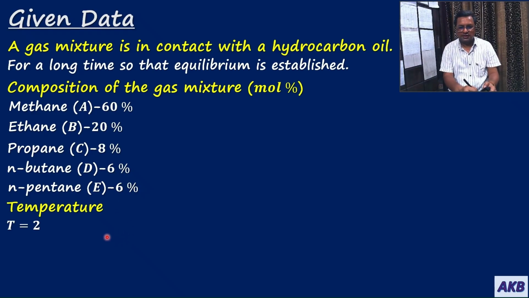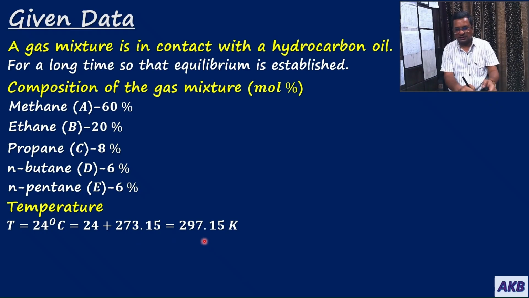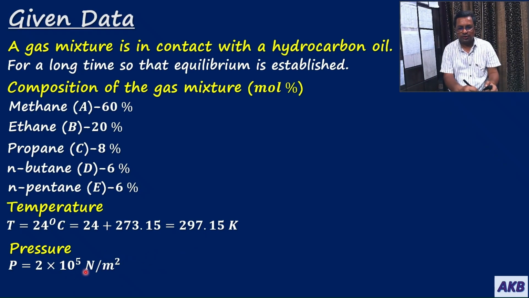Temperature is 24 degrees Celsius, that is 24 plus 273.15, which is 297.15 Kelvin. Again, we don't need it in our calculation, but still I am listing what is given. Total pressure is 2 into 10 to the power 5 Newton per meter square. We will need that in our calculation.